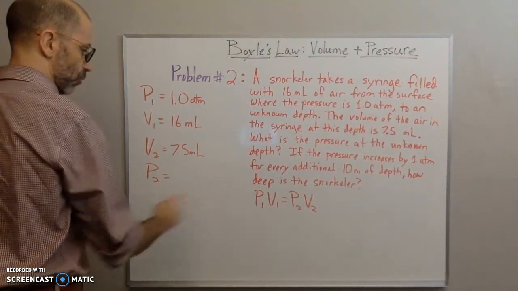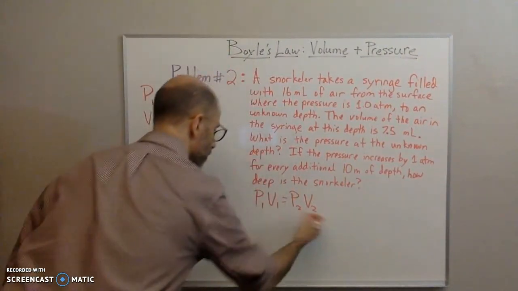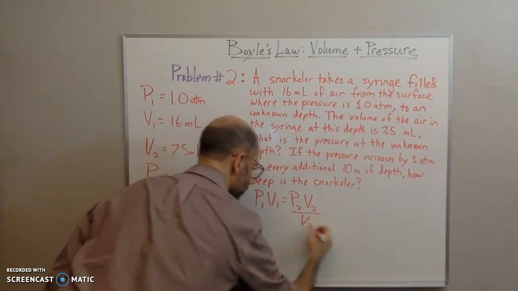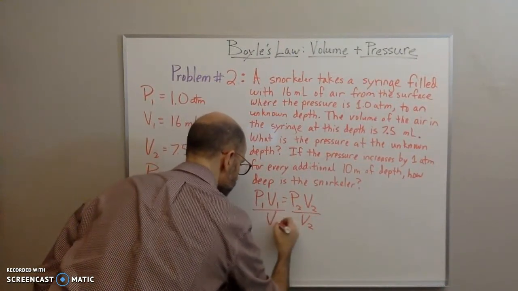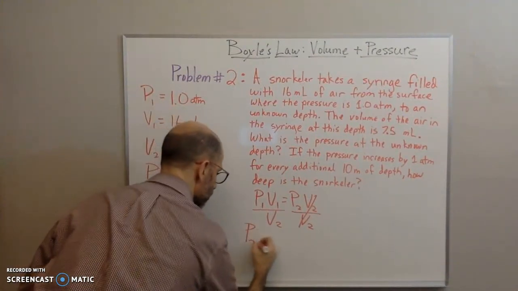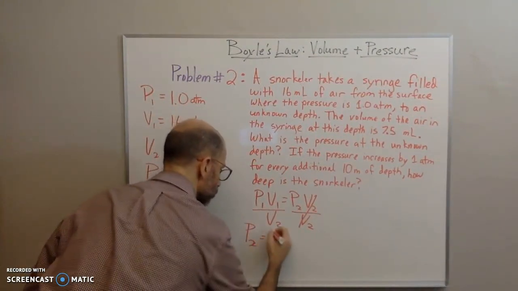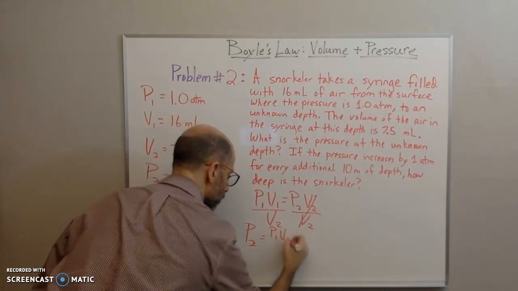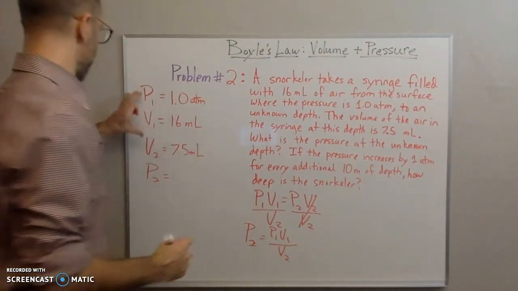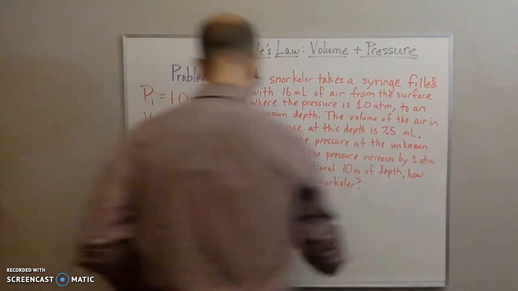So we solve for P2 again. If I divide both sides by V2, V2 cancels out, and I get P2 is equal to P1 V1 over V2. Since I have these, I just plug them in.